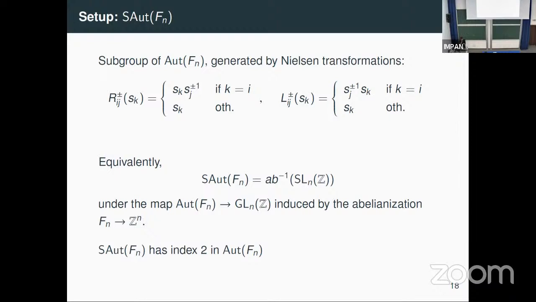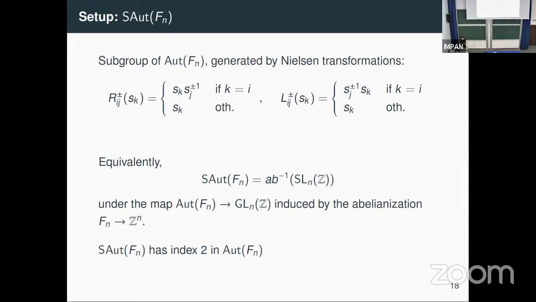They are indexed by i and j, and it's multiplication of a generator by an appropriate fixed generator, either on the left or on the right, either by the generator or by its inverse. The way that one should think about these is that these are the non-commutative versions of row and column operations.